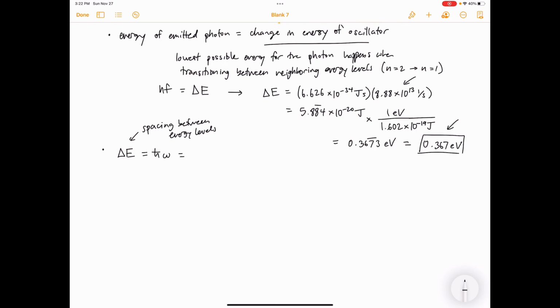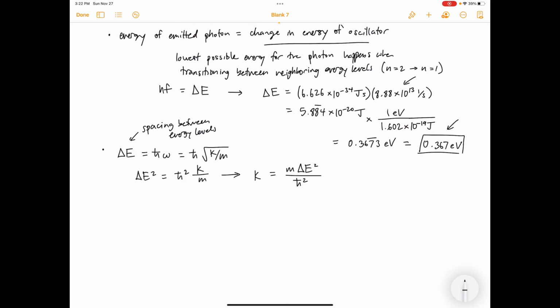Well, omega, if you recall, is the square root of k over m. So we're going to plug that in for omega. And we're trying to solve for k, so if we square both sides, we have delta E squared equals h bar squared, and then the square root goes away, we have k over m. So again, I'm trying to solve for k. k is equal to m times delta E squared divided by h bar squared.